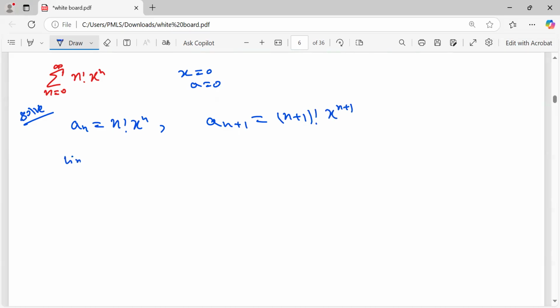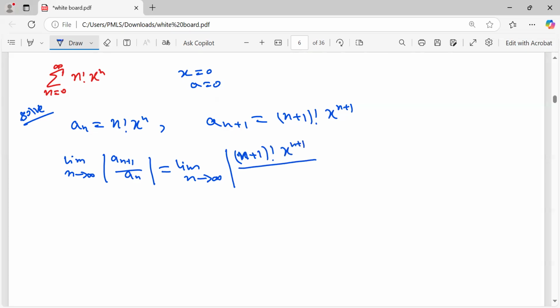Now we apply the ratio test, that is the limit as n approaches infinity of a n plus 1 over a n. It will be written as the limit as n approaches infinity of n plus 1 factorial x to the power n plus 1, divided by n factorial x raised to power n.